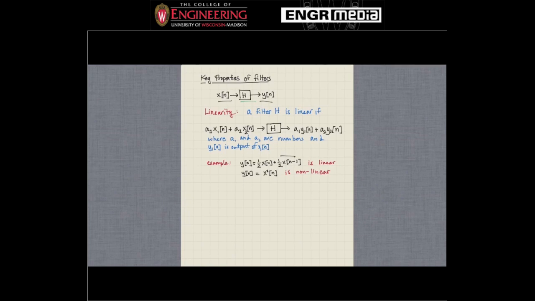This thing here, which I'm drawing in parentheses, is a new signal. And if I take that new signal and put that into the filter, if I get out a signal that's just what I got out by putting x1 in alone, which is y1, times that same number a1, plus y2, which is what I got by putting in x2 alone, times a2. Okay, so if that relationship is true, then we say the filter is linear.